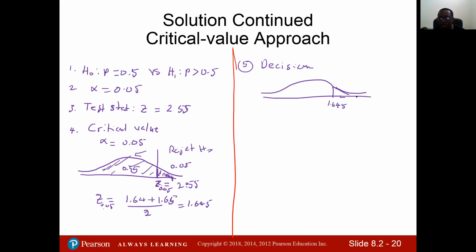And this is where my test statistic is, which is 2.55. This is your critical value. This is your test statistic. Now you see that it falls in this region. It's a rejection region.